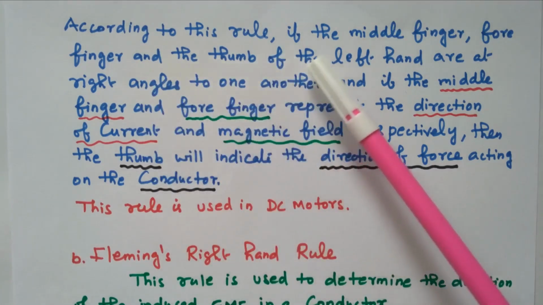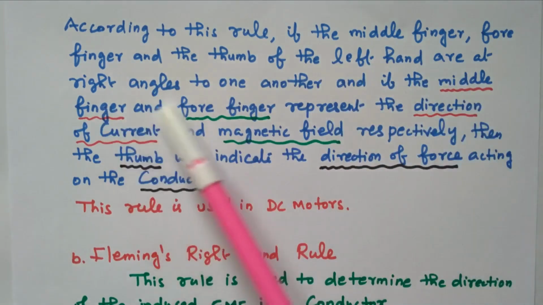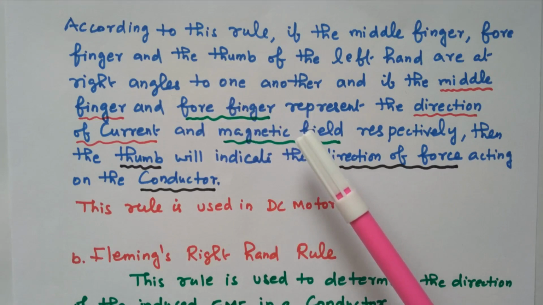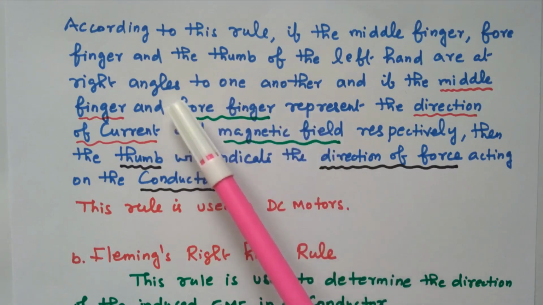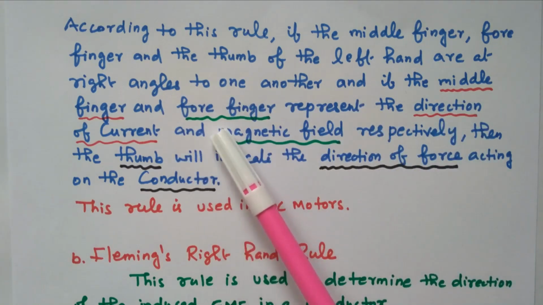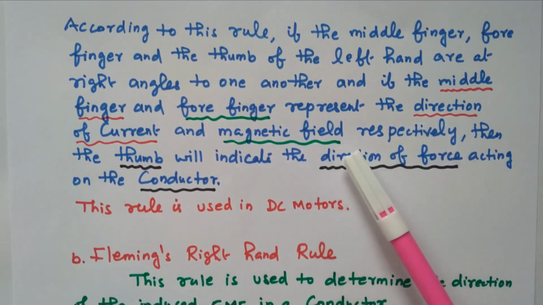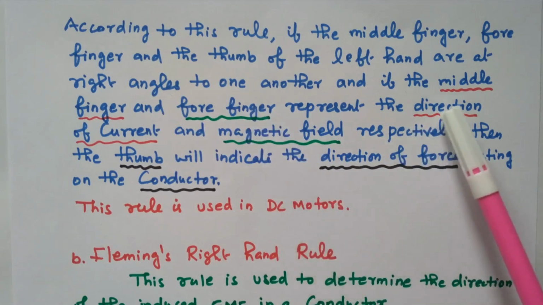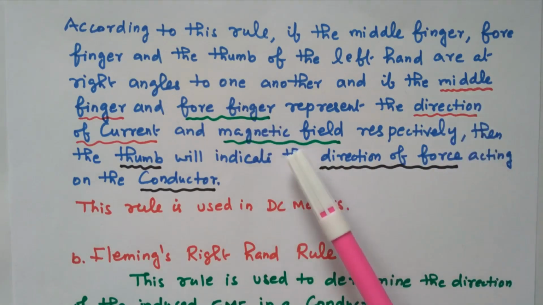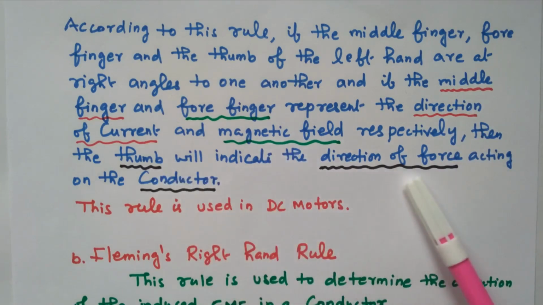According to this rule, if the middle finger, forefinger and thumb of the left hand are at right angles to one another, the middle finger represents the direction of current, the forefinger represents the magnetic field, and the thumb will indicate the direction of force acting on the conductor.